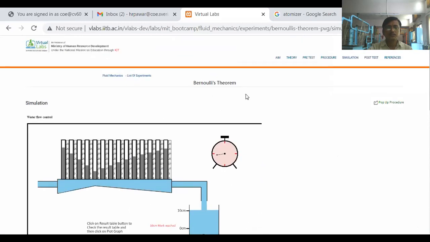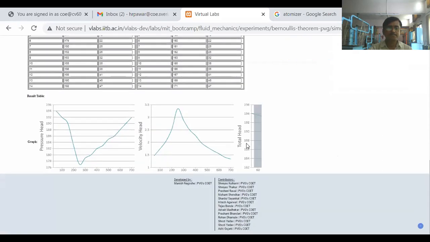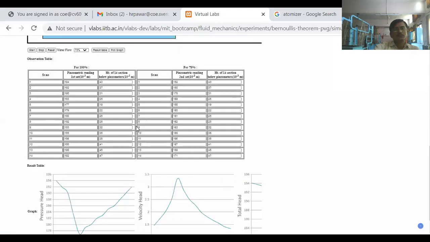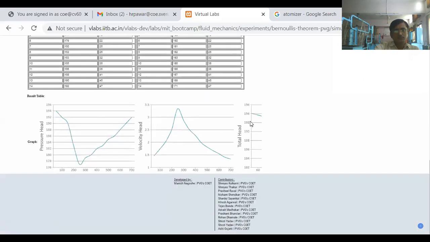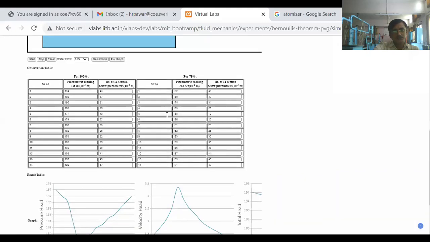It is not visible to us. It is also not able to save the file.